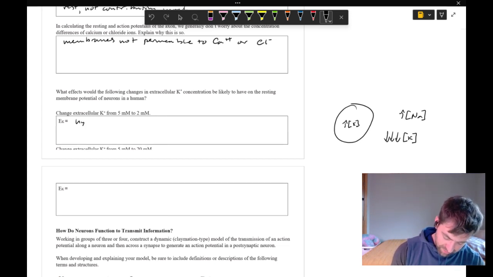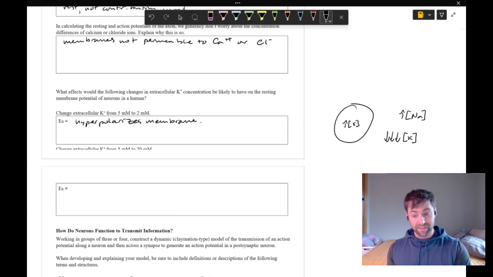So this is going to hyperpolarize the membrane. Is this going to have an excitatory or an inhibitory effect? To answer that question, we have to know that depolarizing is what happens when an action potential is propagated. That's an action potential being the signal down the axon. So hyperpolarizing inhibits. Lowering the potassium concentration outside is going to inhibit or reduce the likelihood that an action potential will occur.